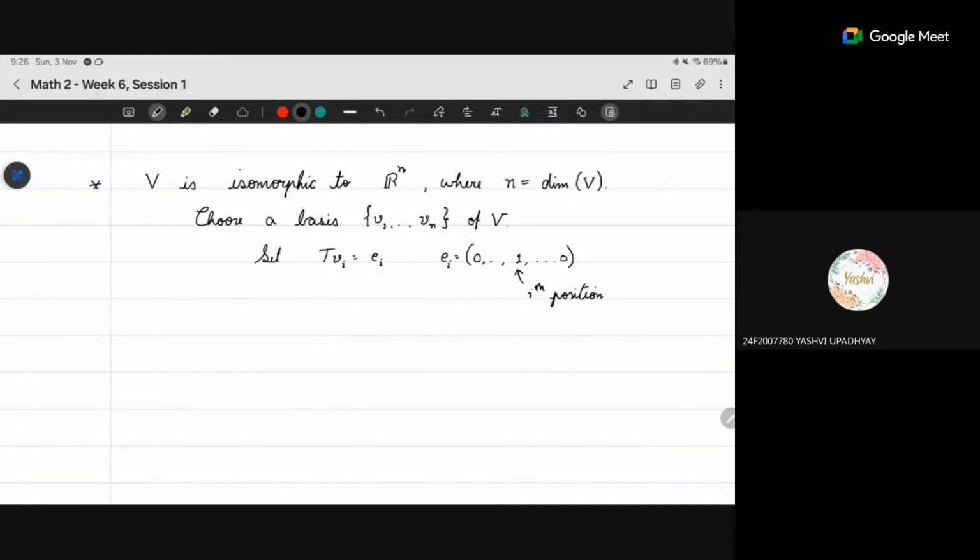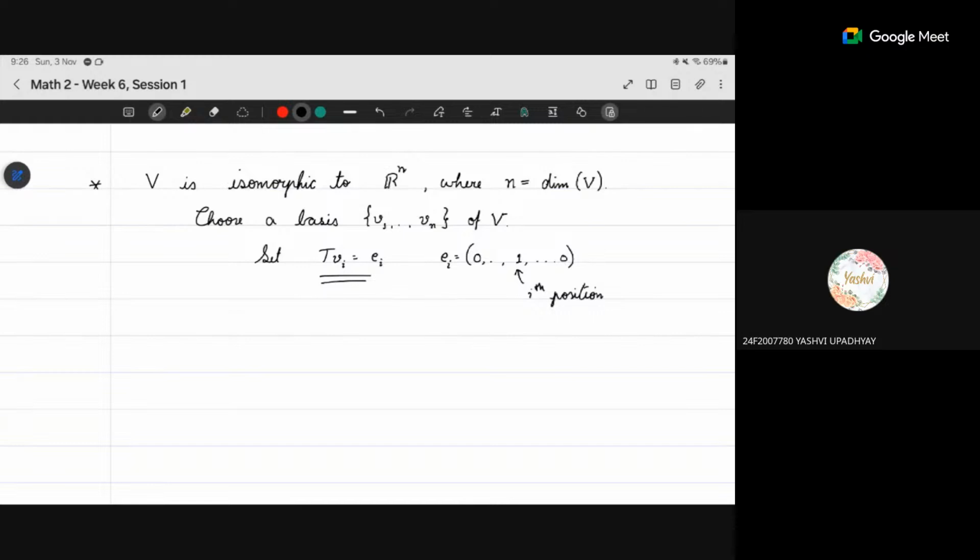And this is an element of Rn. As soon as I say T(Vi) is ei, the value of T on every vector is determined using the linearity property of the linear transformation. So there is a way to extend this definition to all of V, and you can check that this is an isomorphism.